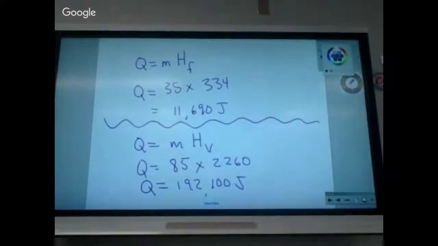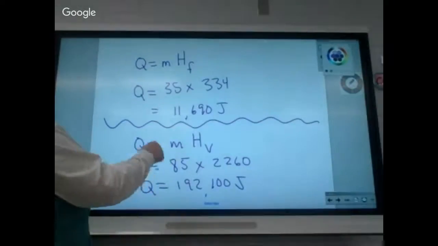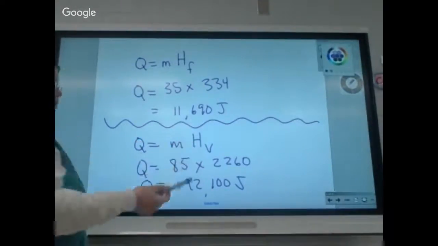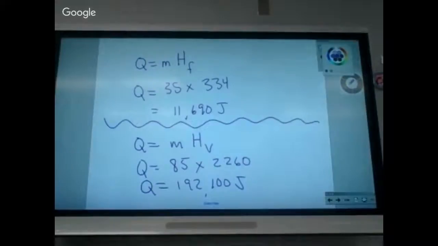Is that what I put on the quiz? Are you going to add stuff to it? No. The only catch could be if I gave you Q and M and had you solve for H. You just divide.